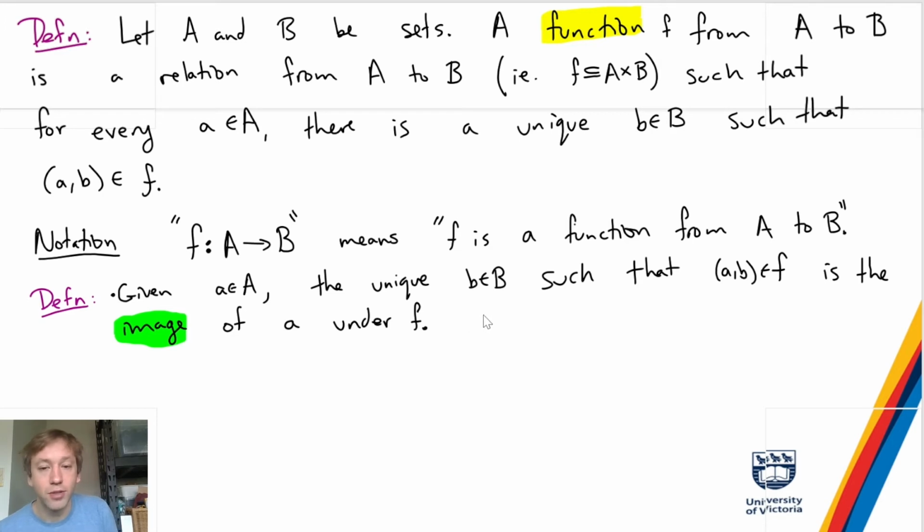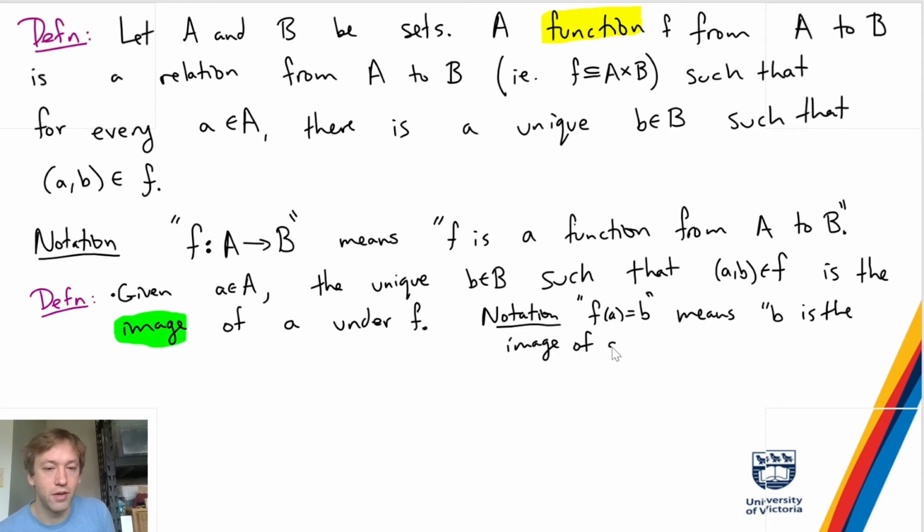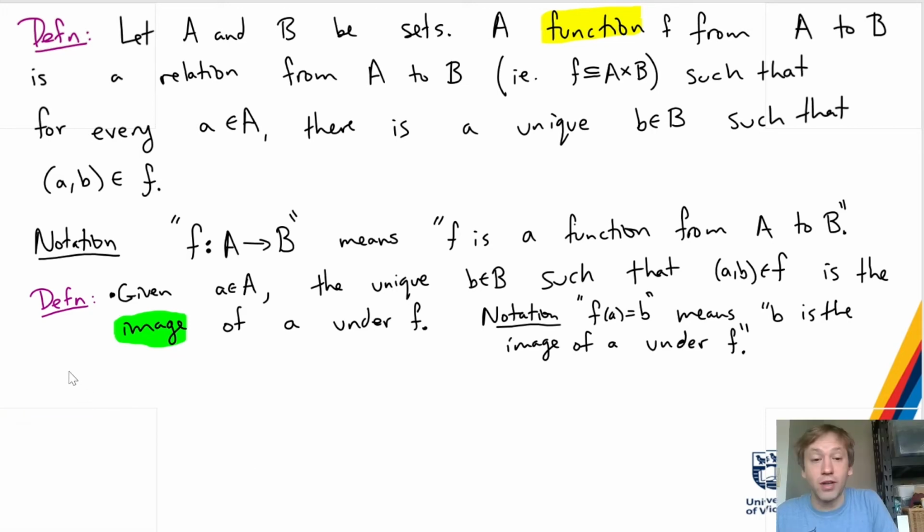So the notation here is we write f of a equals b, and that means that b is the image of a under f. I'm going to keep on giving you more and more terminology and notation, but then we'll look at some examples, and hopefully some of these concepts will become more clear.